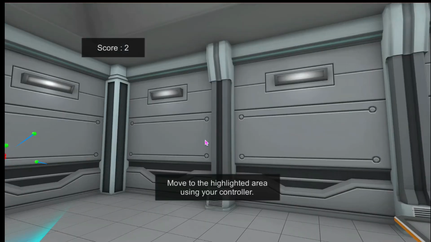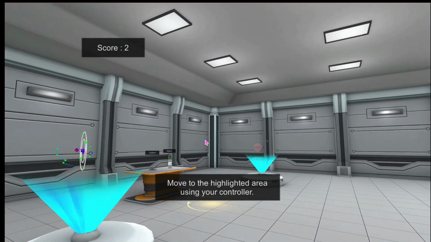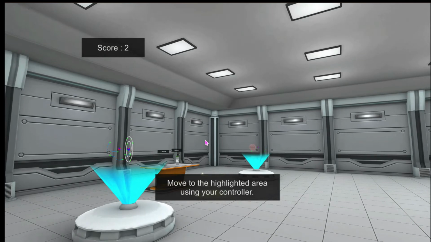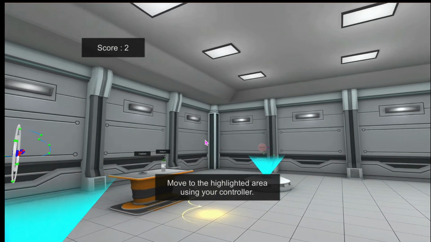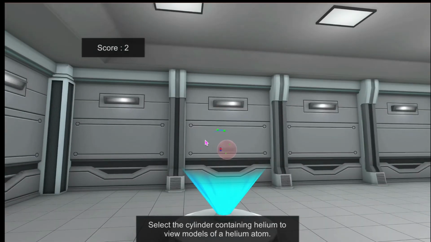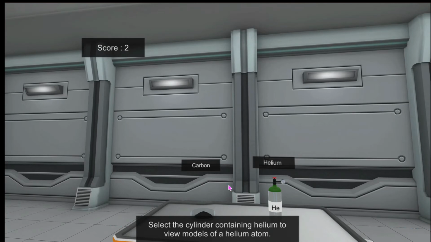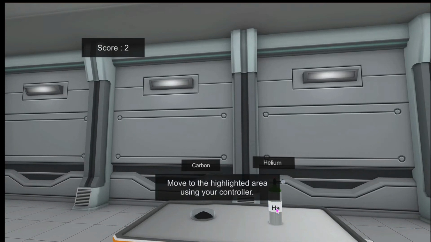Move to the highlighted area using your controller. Select the cylinder containing helium to view models of a helium atom. Move to the highlighted area using your controller.